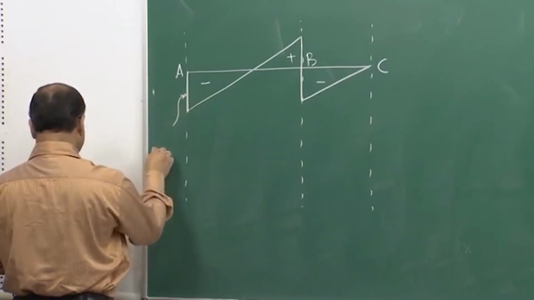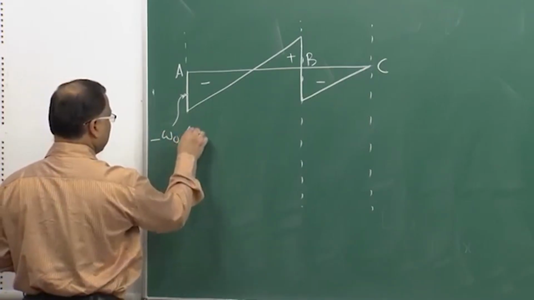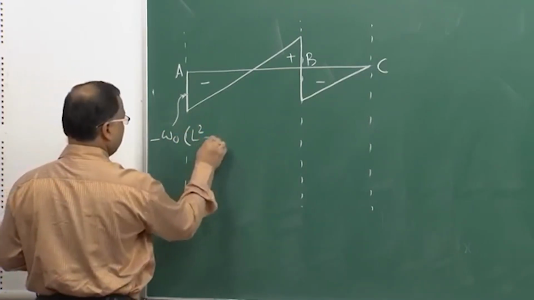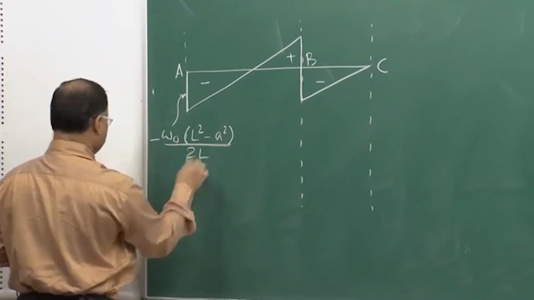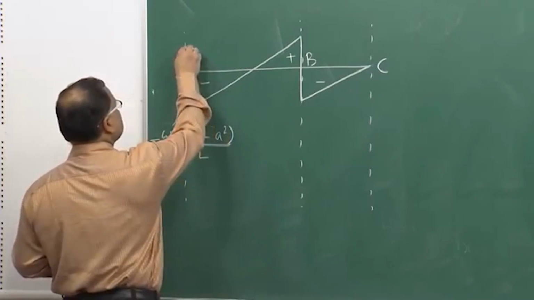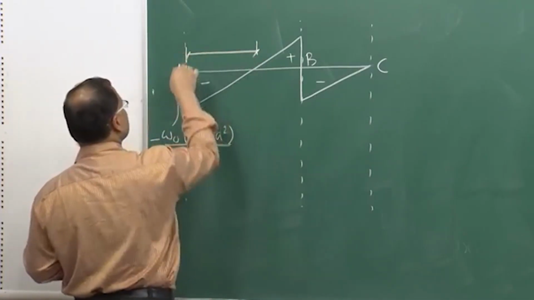This is the value already we have calculated, (L square minus A square) by twice L. This distance where shear force is becoming 0, that also we have calculated.